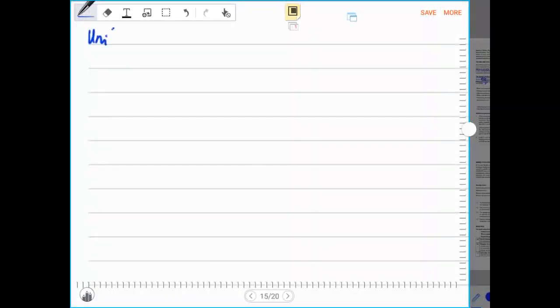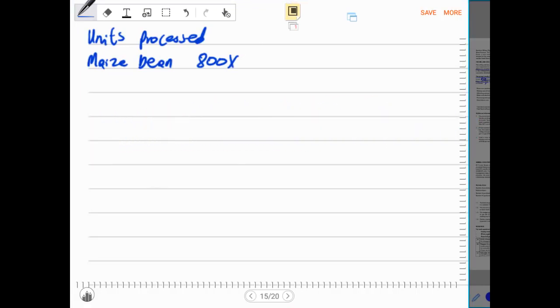Then we say units processed, because these are the units that were processed. Then we have the first one as maize bean, and maize bean will be 800 units times this by 60%.